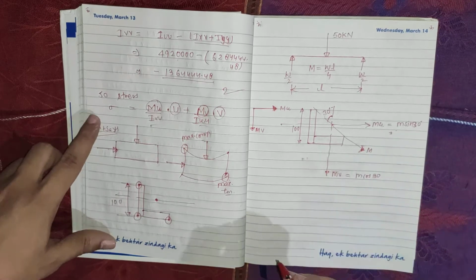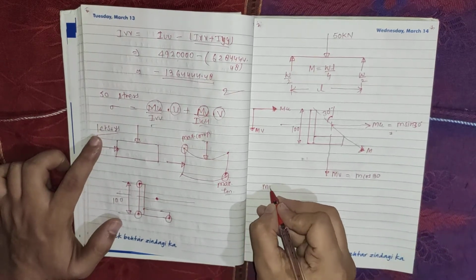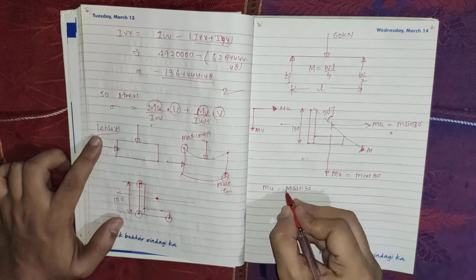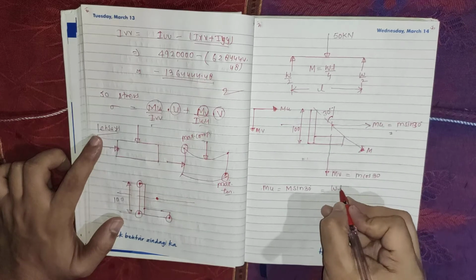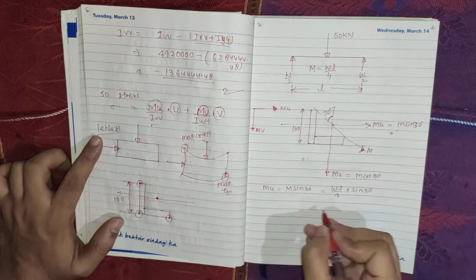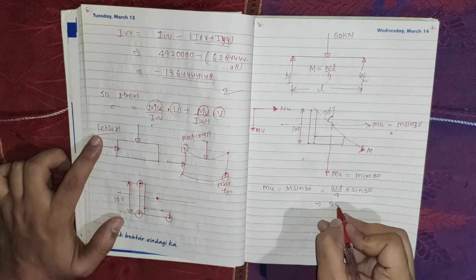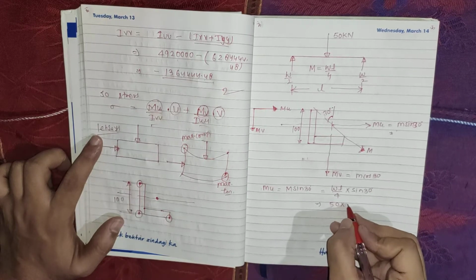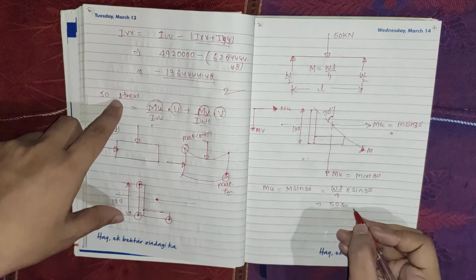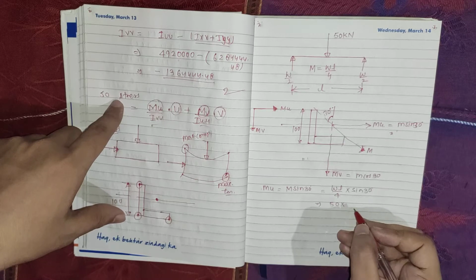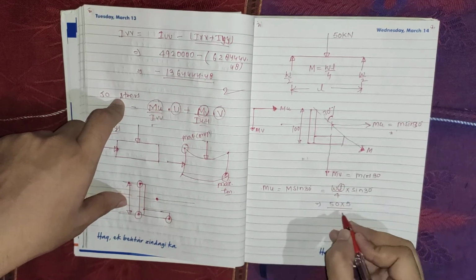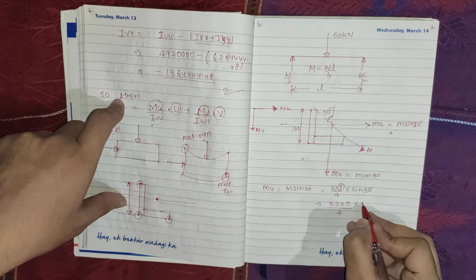Let's say Mu is equal to M sin 30. Okay, then M is WL by 4 into sin 30, and W is 50 into length. Let's assume length is 5, this is 4, and sin 30 is 1 by 2.